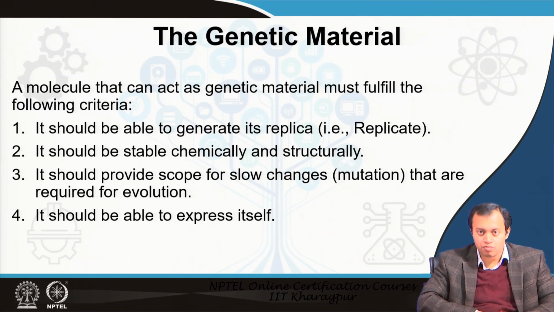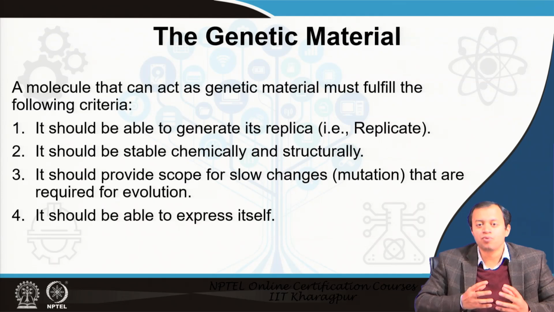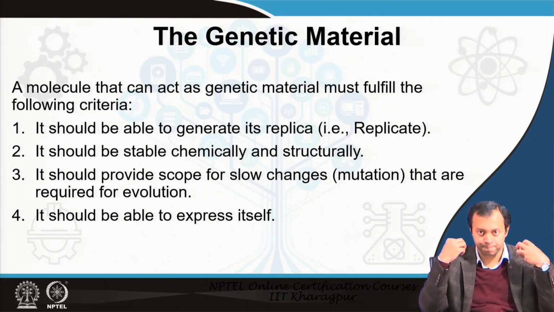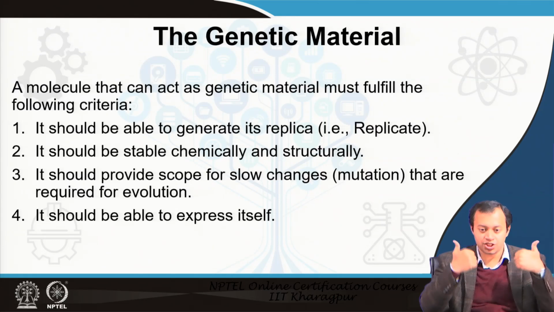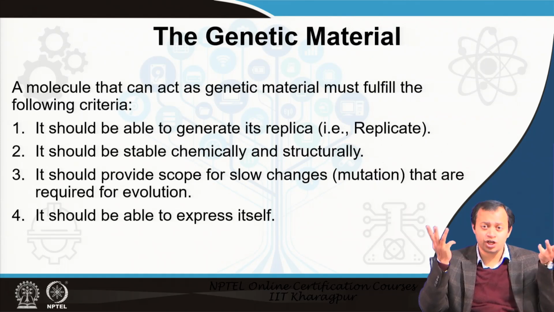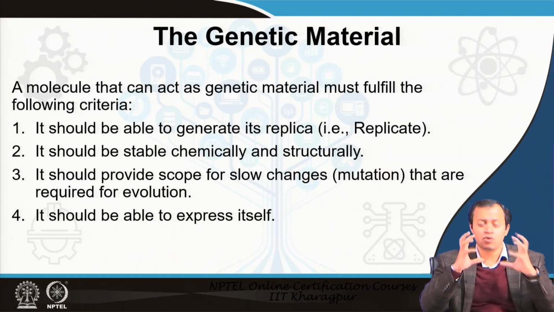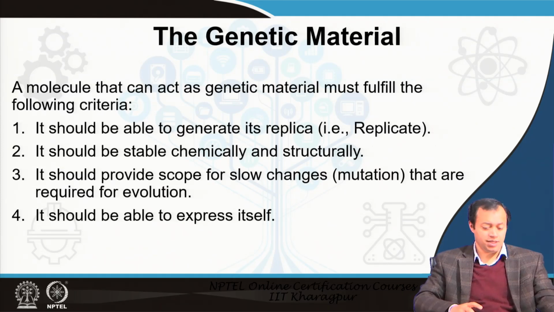It should have information to synthesize proteins from the information that it is encoding. So, a genetic material: stable, self-replicating, adaptable, and it should synthesize proteins. Those are the characteristics of any required genetic material per se.